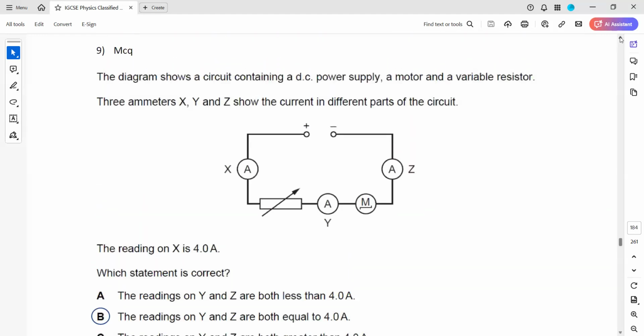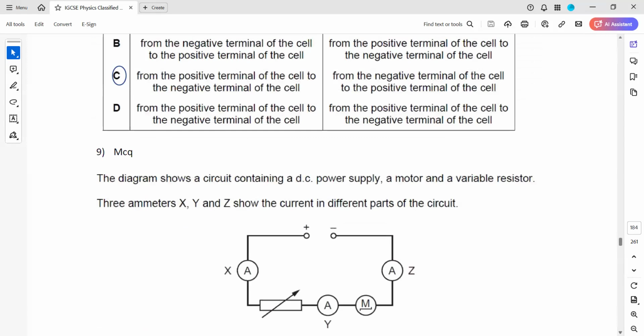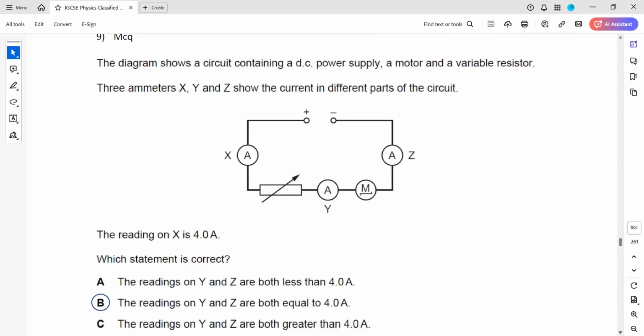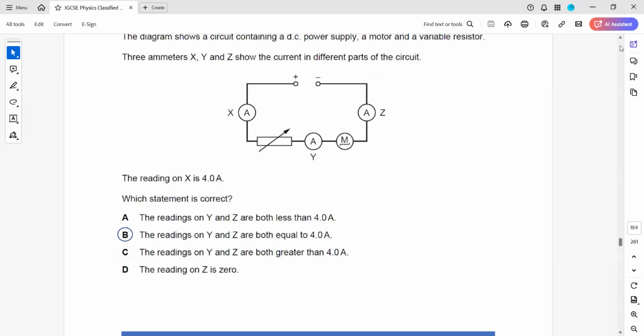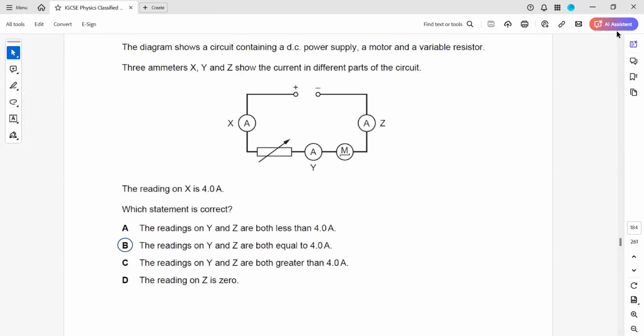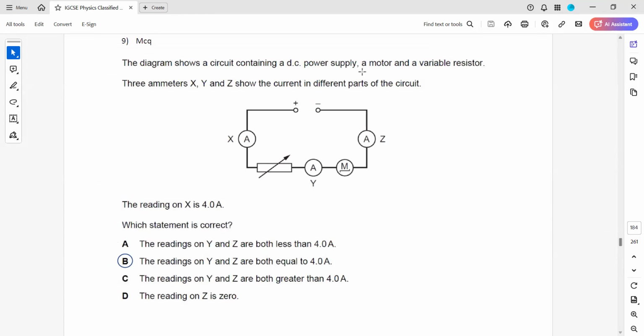In question 9, the diagram shows a circuit containing a DC power supply. Three ammeters are there because they're all connected in series. In series, the current is the same.